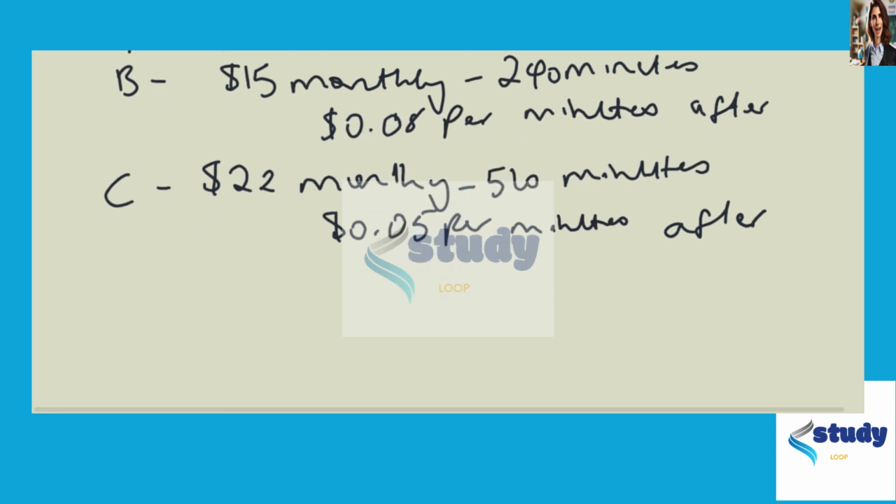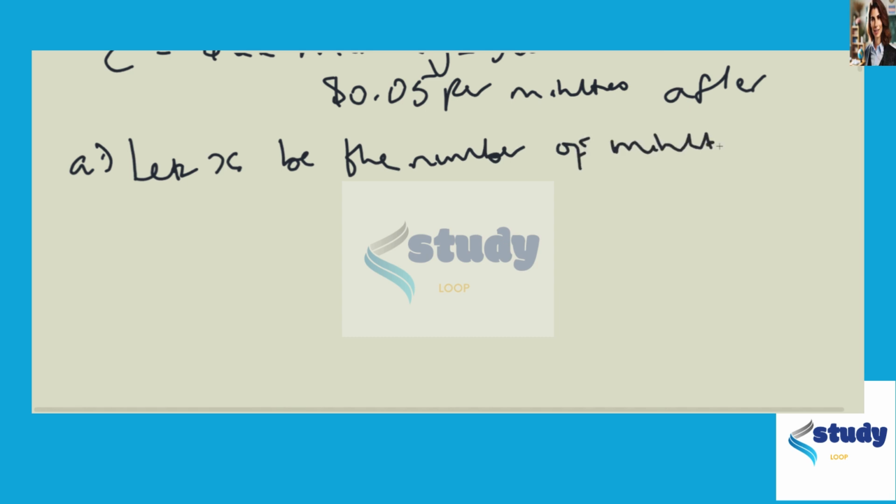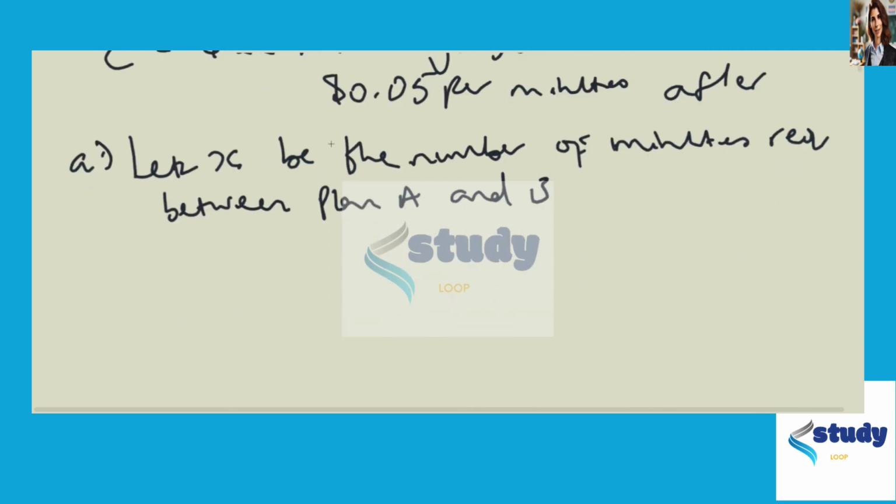For the first question, let x be the number of minutes required between plan A and B. Since plan A and plan B have equal cost, we can say that 0.10x equals $15.